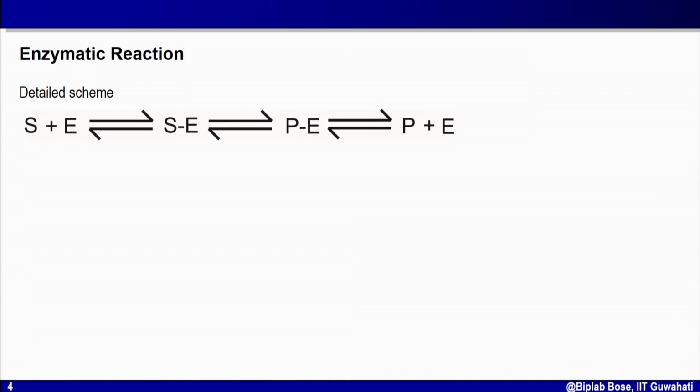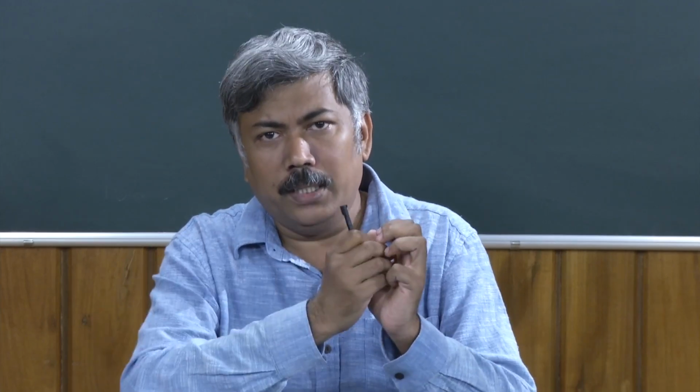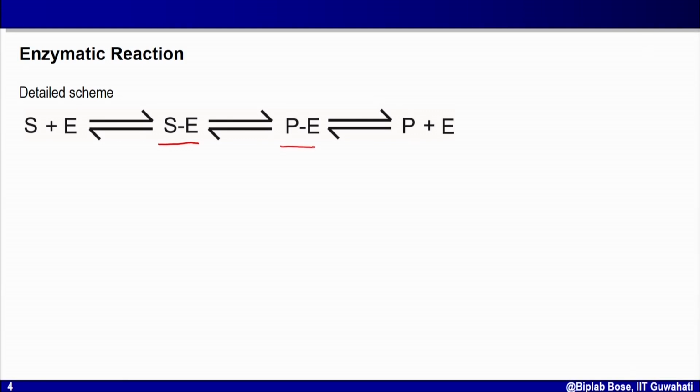S is my substrate. S reacts with E, giving rise to a substrate enzyme complex. That's what happens. You have an enzyme, the substrate comes and binds to the binding pocket, the reaction pocket, to give rise to the SE complex. Now at this binding pocket, E helps S to become P. So I get a product enzyme complex, that is PE.